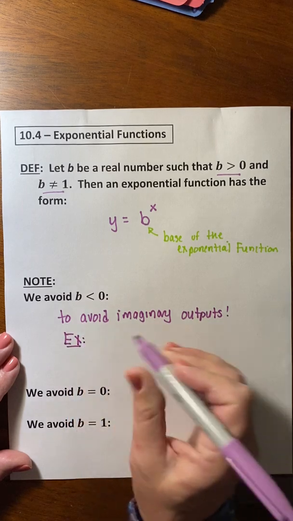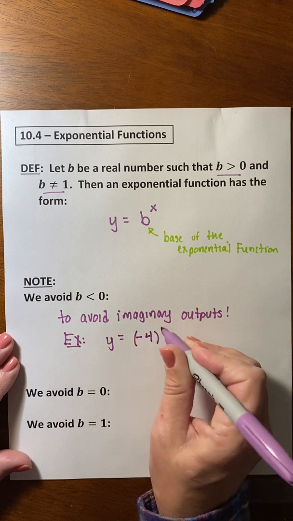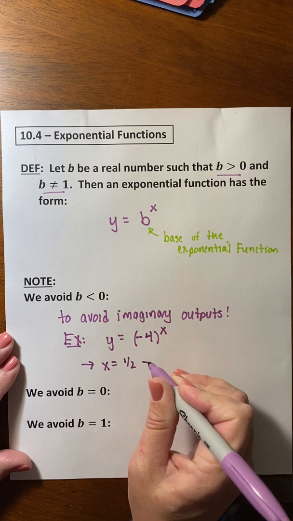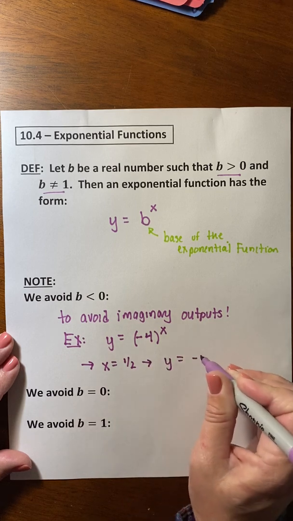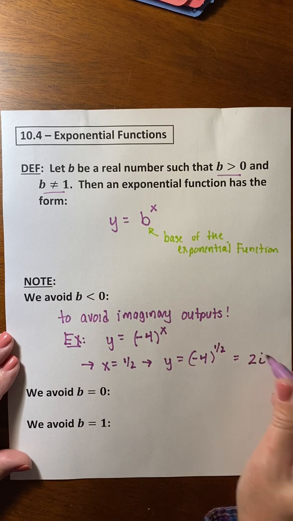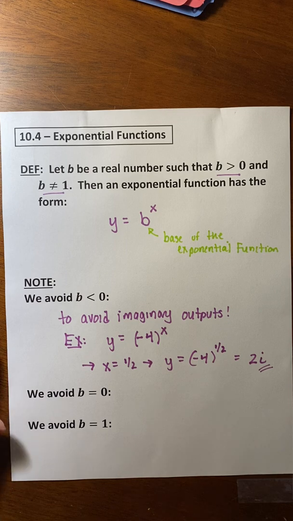For example, y equals -4 to the x power. If x equaled 1/2, we would have y equals -4 to the 1/2, which would be 2i. And we want to avoid imaginary outputs.